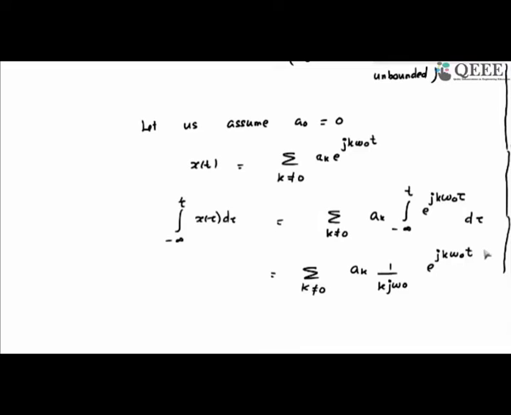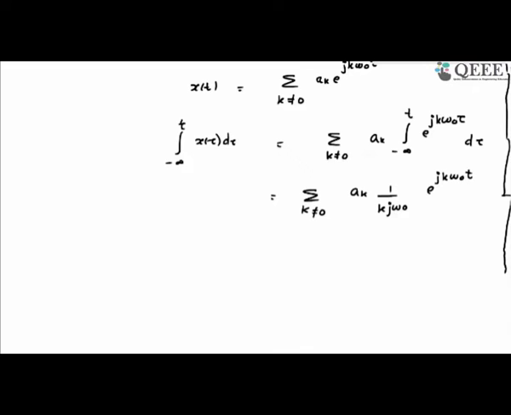Essentially, from minus infinity to 0, if the duration is one time period, the integral will be 0. Because of that, you will have a finite value over this integral.